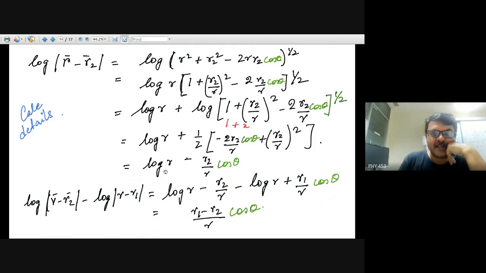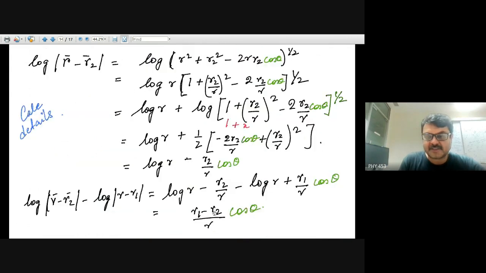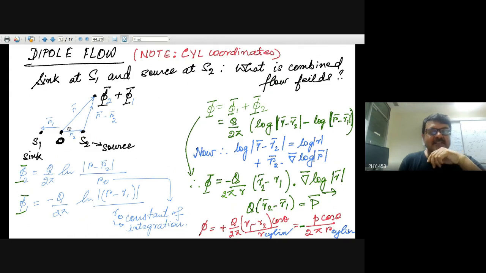And when you add these two terms, you get r1 minus r2 by r cos theta, and this is modulus. So these two terms give r1 minus r2 by r cos theta, where cos theta is basically this angle.